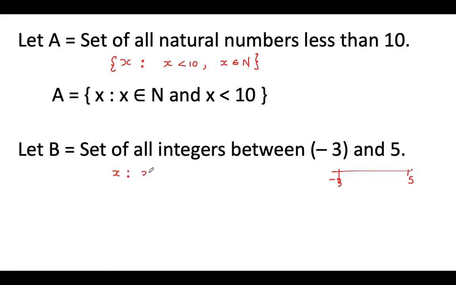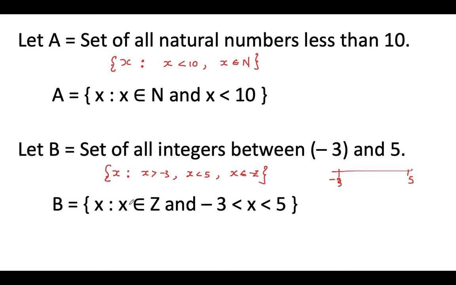This x must be greater than -3 and x must be less than 5 and this x must be an integer, that is, it must belong to the set of all integers. You can also write the statement as x such that x belongs to Z, the set of all integers, and x lies between -3 and +5.